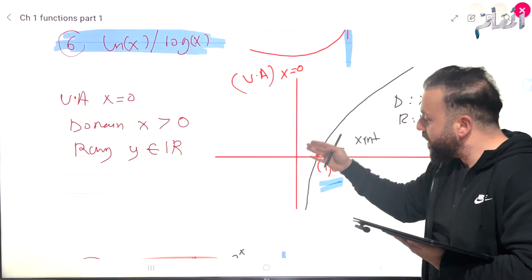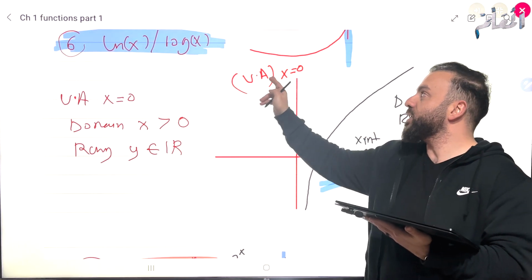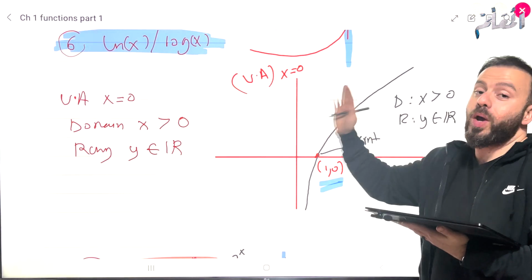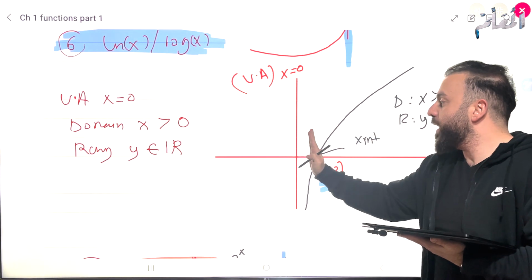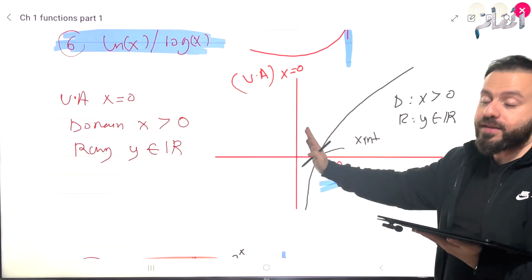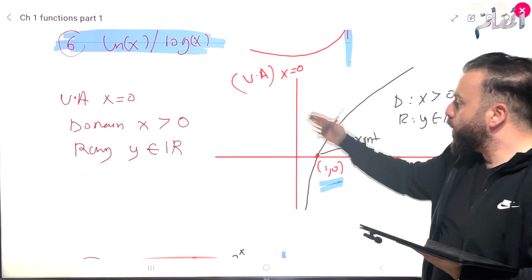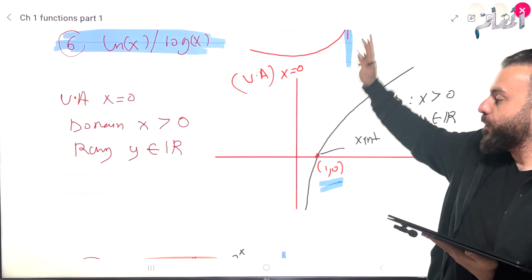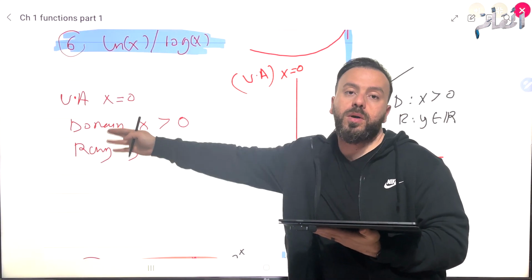And the graph doesn't touch the y-axis, so we call this a vertical asymptote at x equals 0. Since x equals 0 is a vertical asymptote, my domain is x greater than 0, as you can see, and the range y belongs to all real numbers because the image itself is covering the whole graph. Yes: domain, range, and vertical asymptote x equals 0.